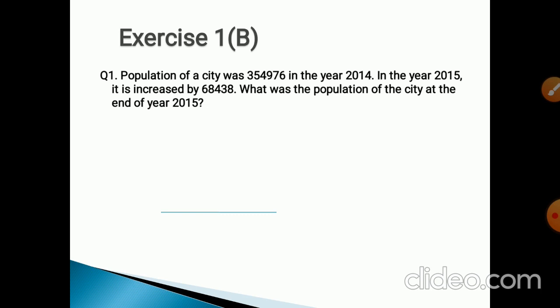So it is a very simple question. Here it is given that the population of a city in the year 2014 equals 3,54,976, and in the next year the number of people increased by 68,438.